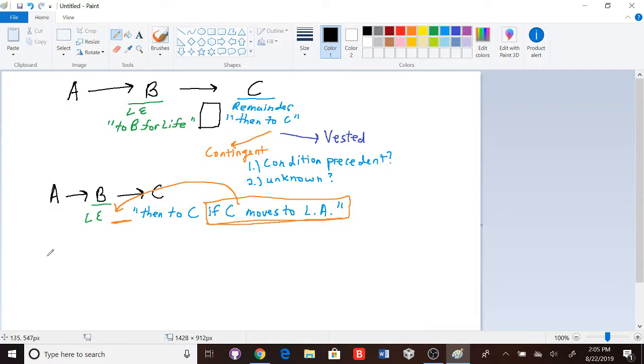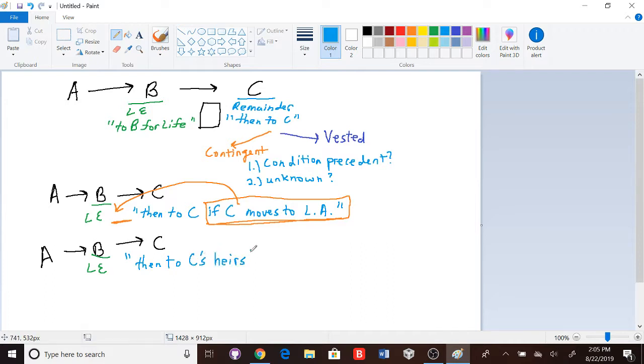Another example would be A, B, and C. I'm going to underline B again, say life estate. And I'm going to say this language for C: then to C's heirs.